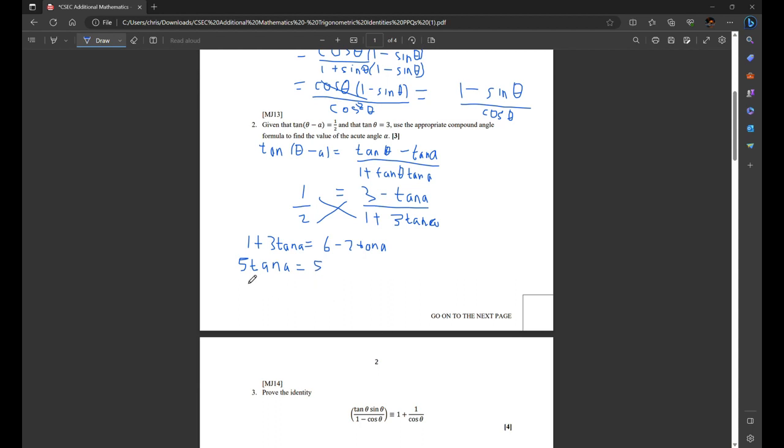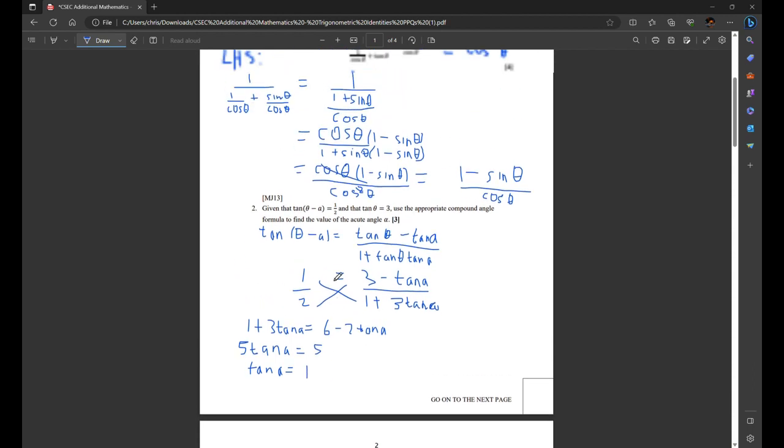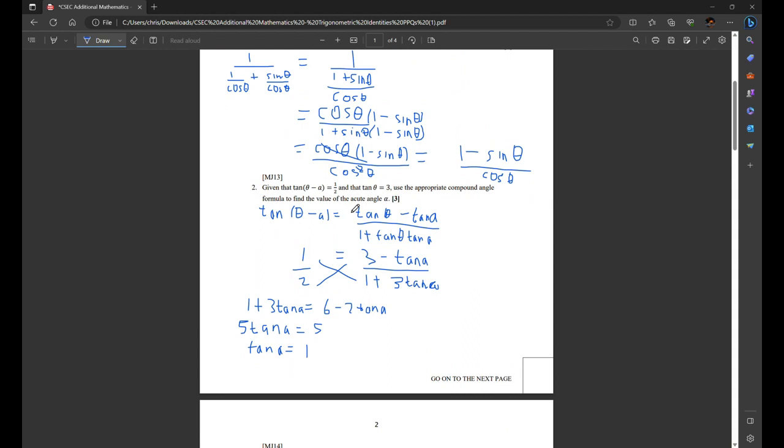And then we can simply divide out the 5s to leave ourselves with tan A is equal to 1.